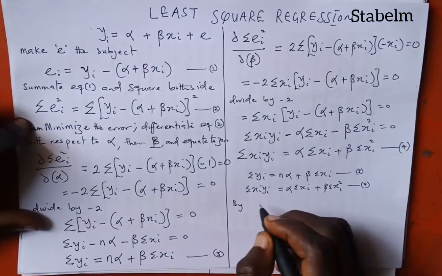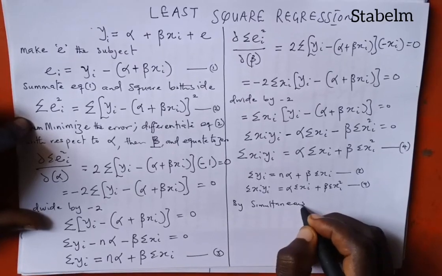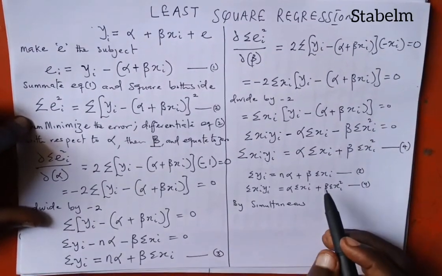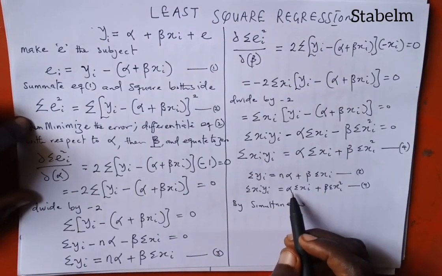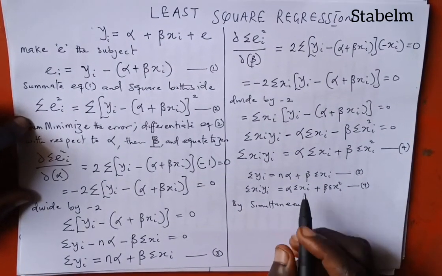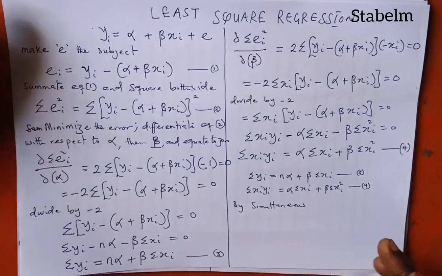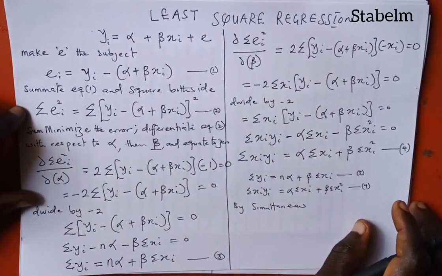Now, by simultaneous equations, we want to get the value of these parameters. That is, we have two unknowns, which are alpha and also beta. Now by simultaneous, let's use the elimination method.